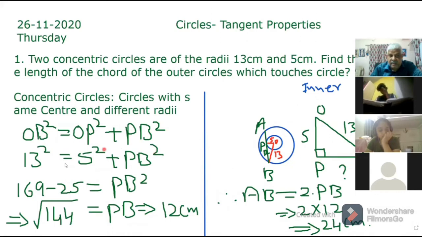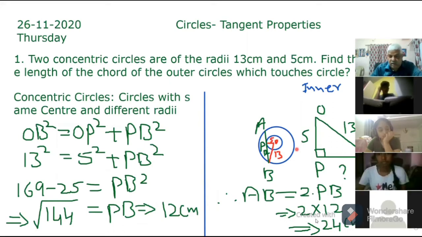Therefore, OB they have given 13, its square is 169. OP is 5, square is 25, I shifted, so we got 144. Its root is 12 centimeter and AB is 2 times PB. Therefore, 2 into 12 we take and it is 24 centimeter.